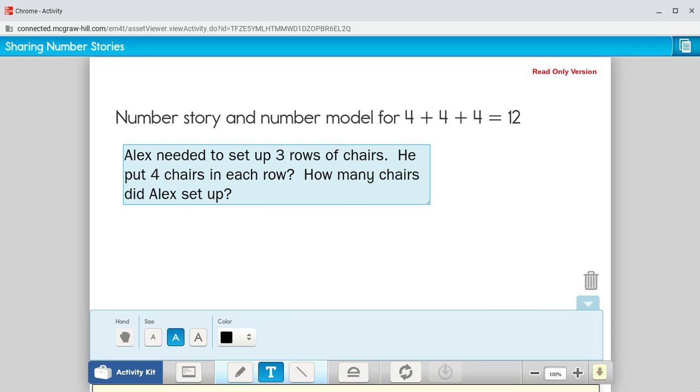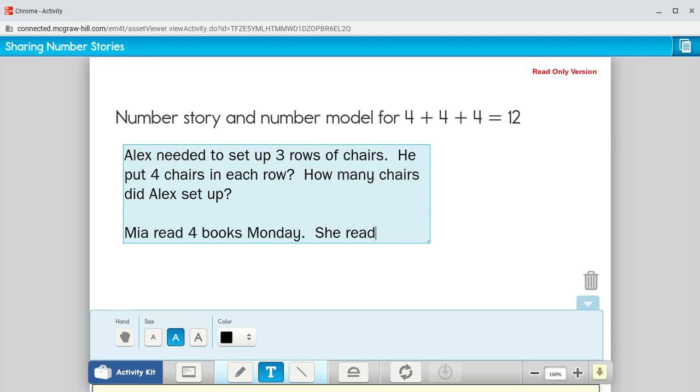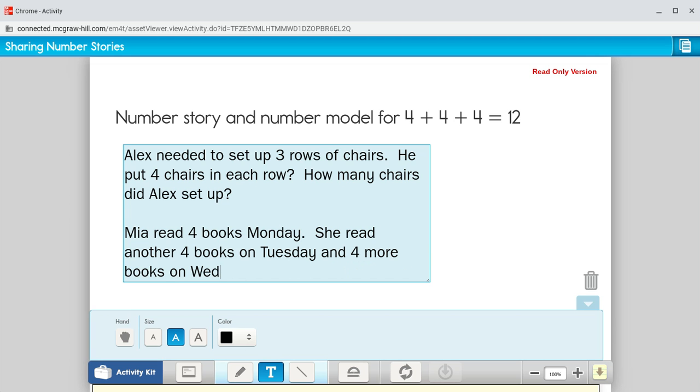Another way would be actually using that repeated addition. Right? Maya read 4 books Monday. She read another 4 books on Tuesday, and 4 more books on Wednesday.